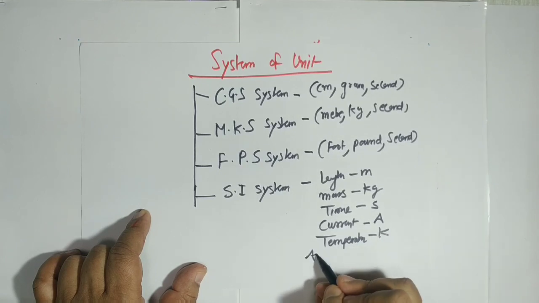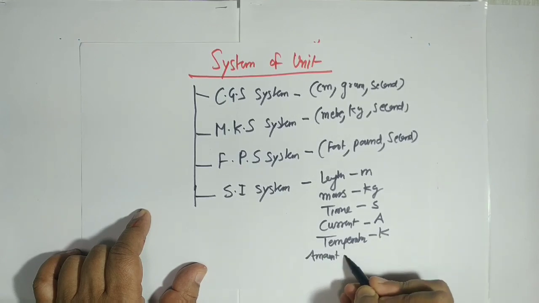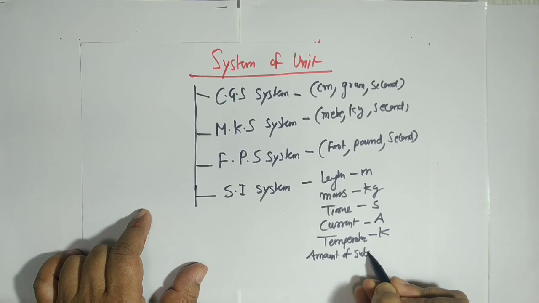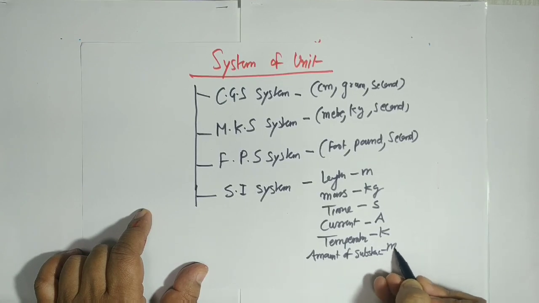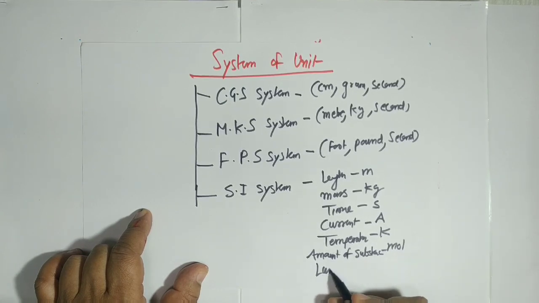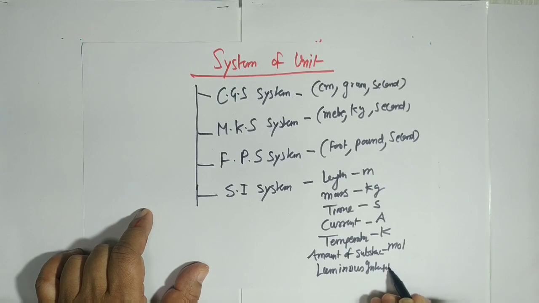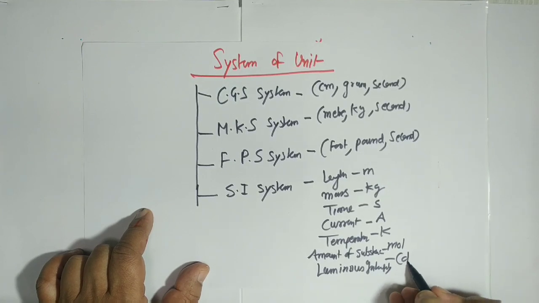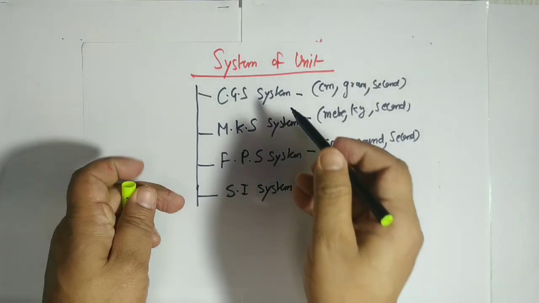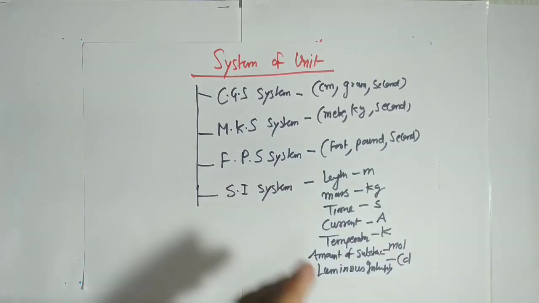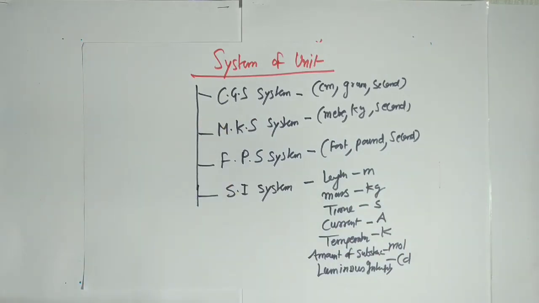Then amount of substance is in mole, and luminous intensity is in candela. So this is the SI system, CGS system, MKS system, FPS system. These are the systems of units.